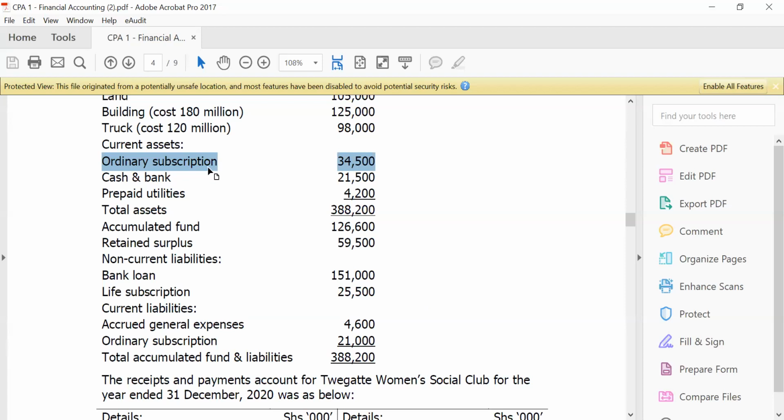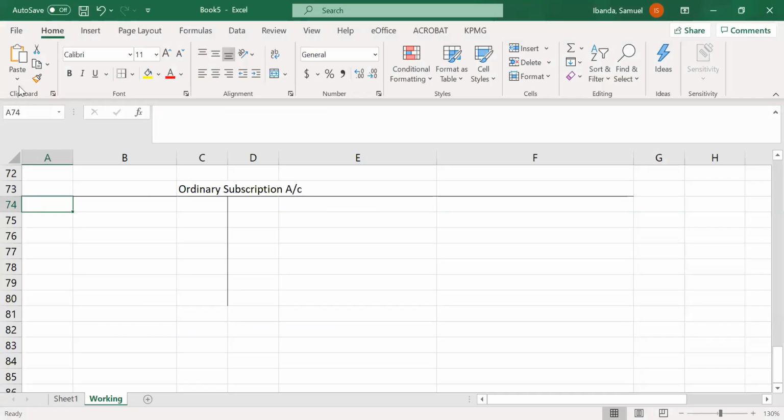These ordinary subscriptions under current assets are outstanding subscriptions, basically subscriptions that have not yet been settled by the members but relate to the club. So these ordinary subscriptions that are opening balances and are assets are supposed to be recorded this side. Balance brought down, let's call these outstanding.